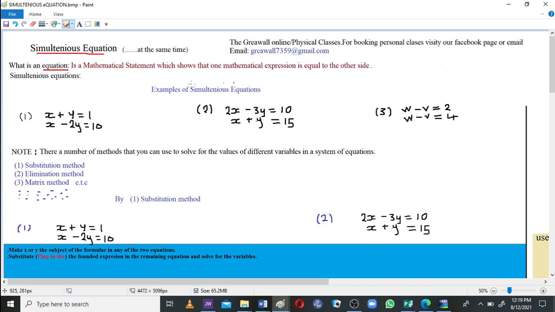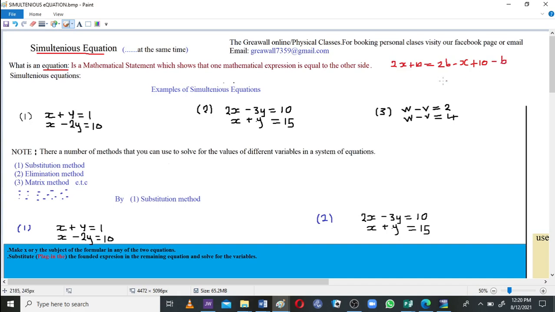Okay, how is that? Just take for example, if I have 2x plus b is equal to 2b minus x, plus 10, and minus b.